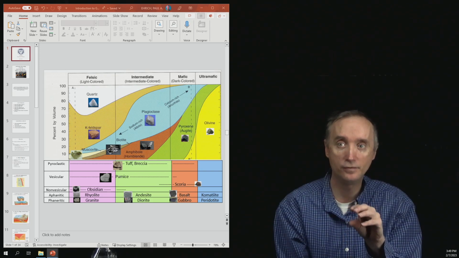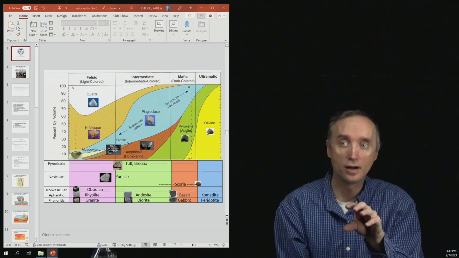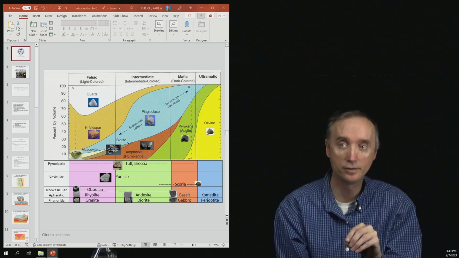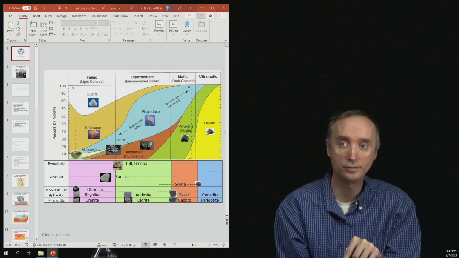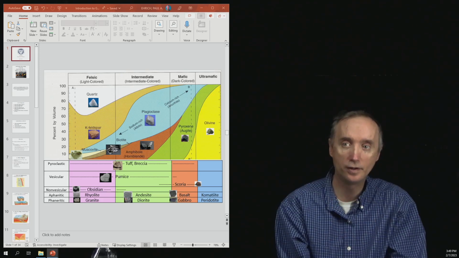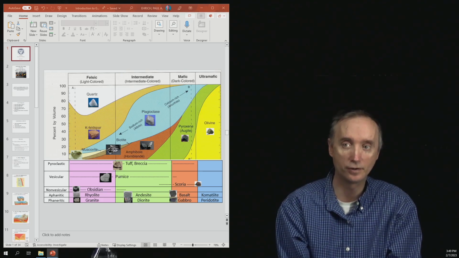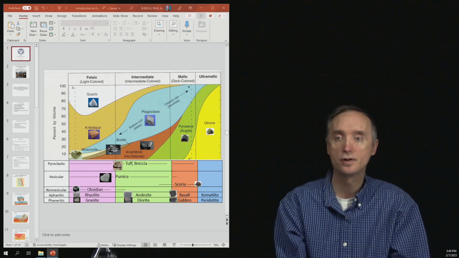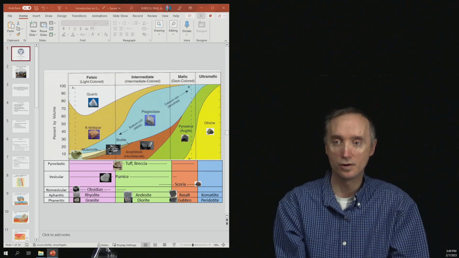So the mafic rocks contain a lot of calcium-rich plagioclase feldspar and a lot of pyroxene, and you can see a little bit of amphibole is thrown in there for good measure. And then that is going to make the igneous rocks scoria, basalt, and gabbro.